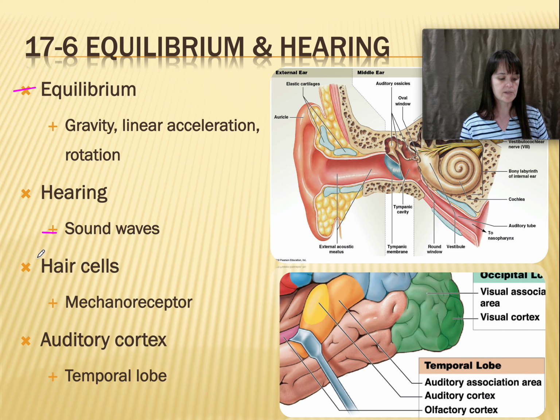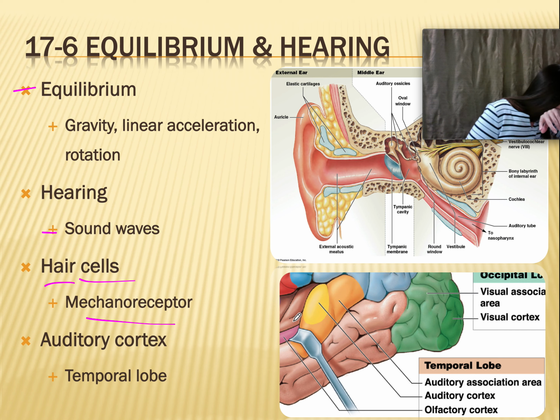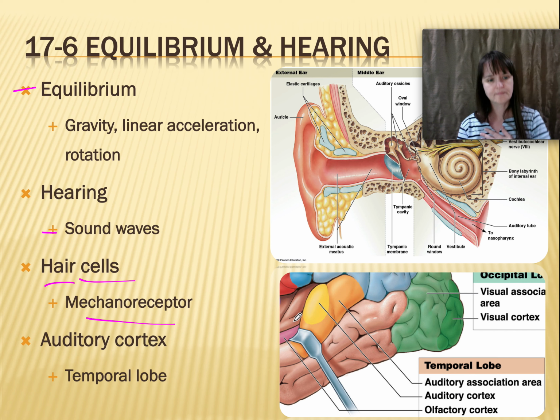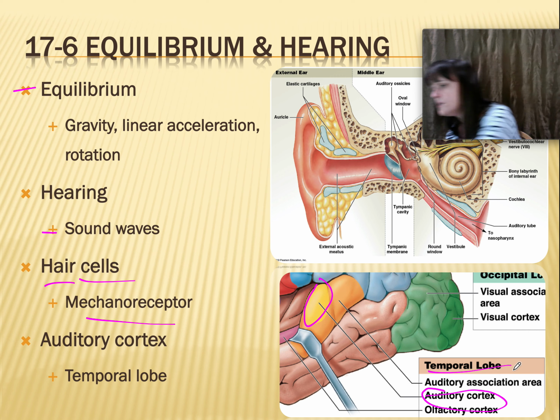The receptor for both equilibrium and hearing is the hair cell, and they are mechanoreceptors. And the auditory cortex is right here in the temporal lobe.